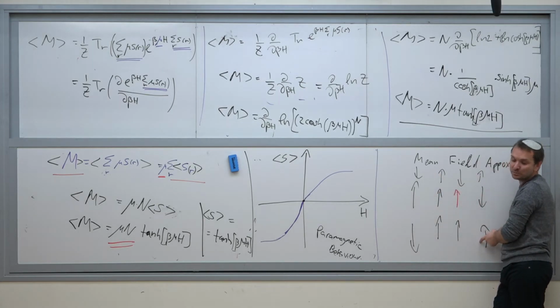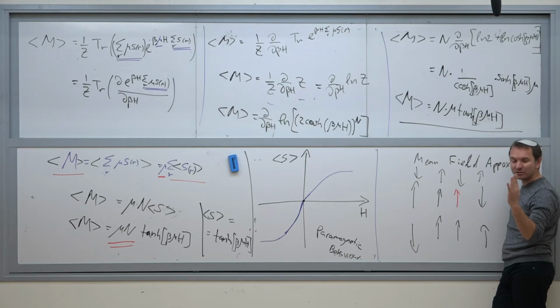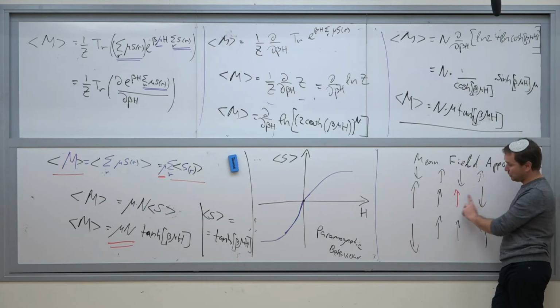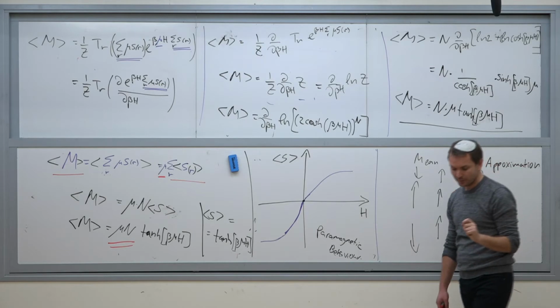Okay? So this is an approximation. Why is it an approximation? Because I have thrown out the actual values of the other spins and replaced them by the average value of the spin. But by doing so, I effectively created an external field which is constant that is applied to the spin due to its neighbors.